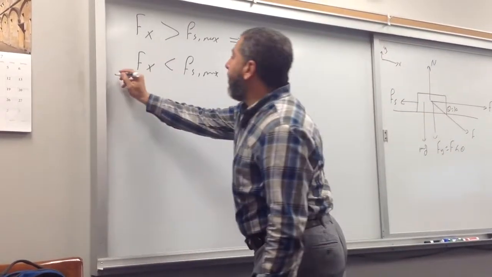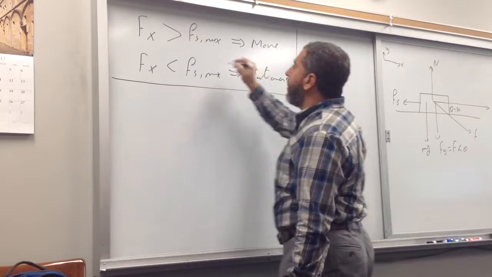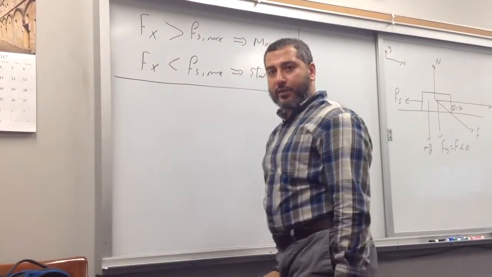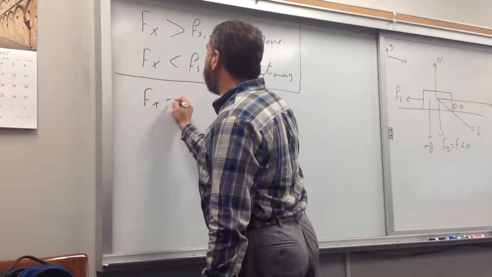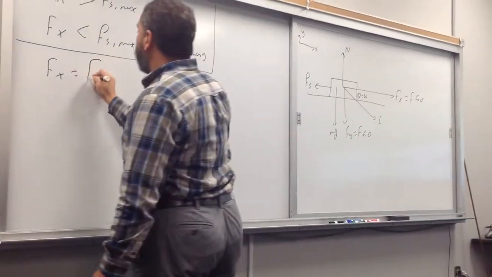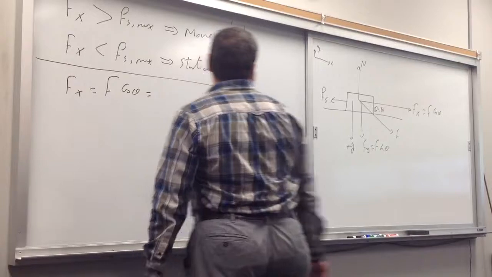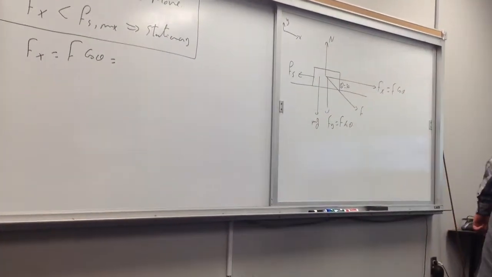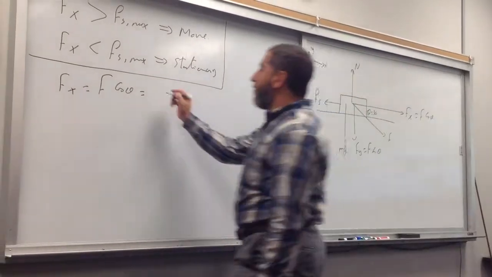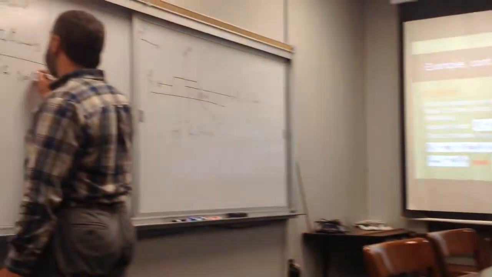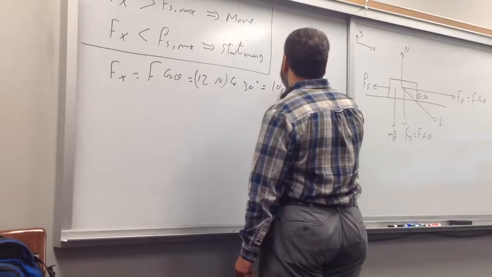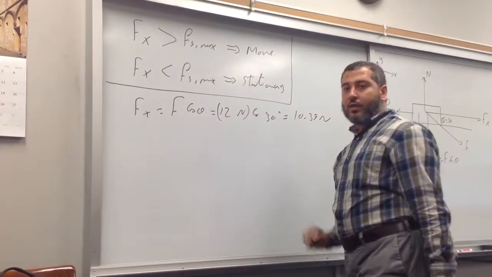So in order to answer this question, we have to find fs maximum and Fx. From this diagram, we find that Fx is equal to F cosine theta, and here F is 12 newtons and the cosine of 30, so this gives 10.39 newtons.